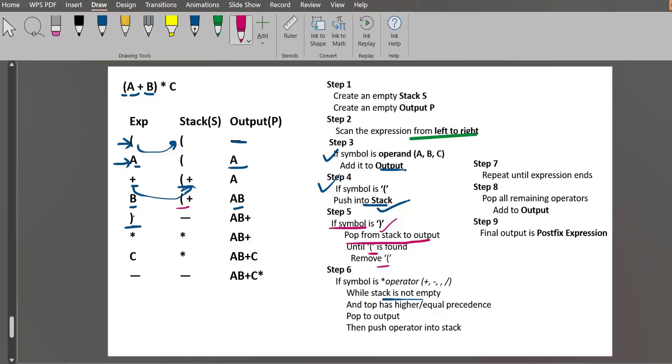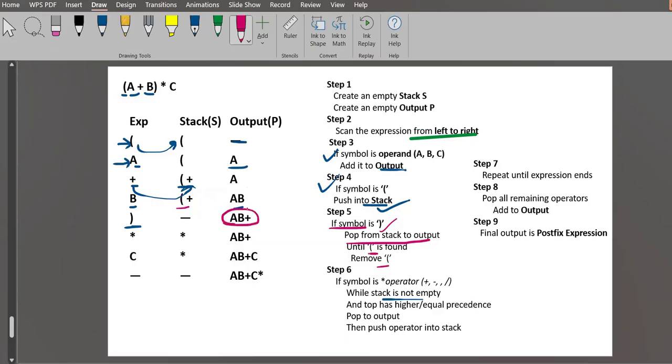So whatever is inside this bracket, it will look like this. You don't actually put this in the stack, but for your understanding I am telling you that you have to shift all of it to the output. Only plus will go to the output, so that's why I'm writing this here, and we have to remove all this. Once we remove it, your output will look like this: A B plus.